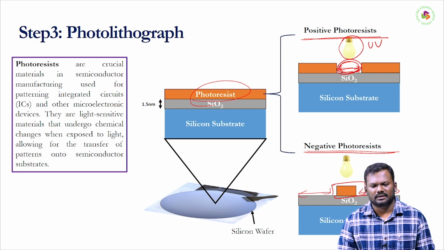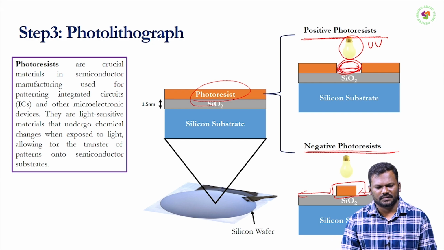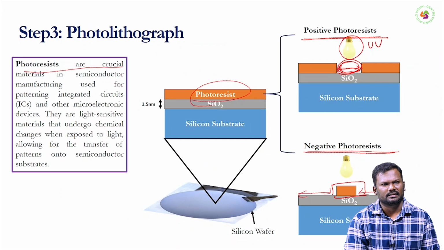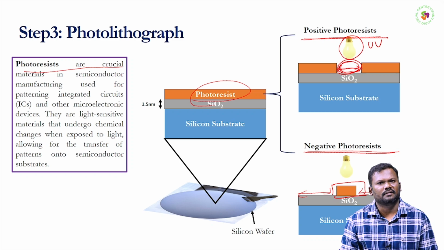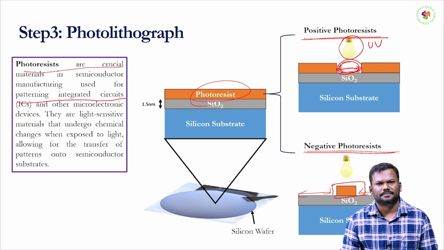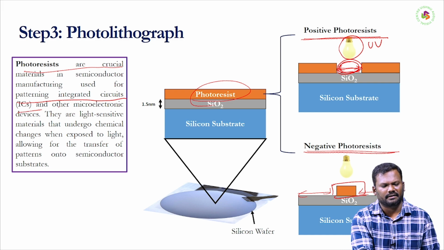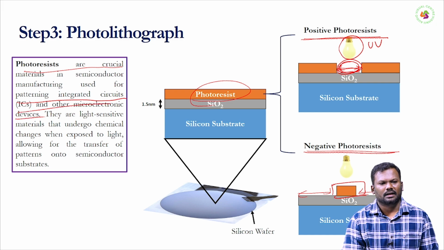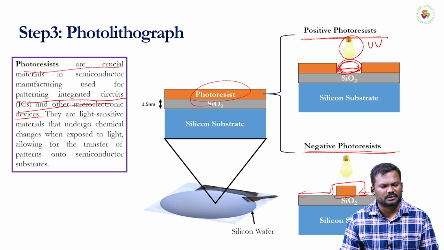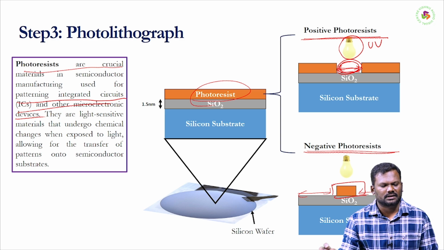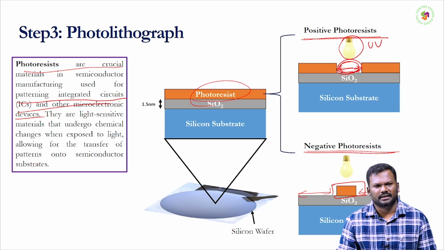So now you understand what the photoresist is. Photoresists are crucial materials in semiconductor manufacturing, used for patterning integrated circuits and other electronic devices. They are light sensitive materials that undergo chemical changes when exposed to light, allowing for the transfer of patterns onto the semiconductor substrate.